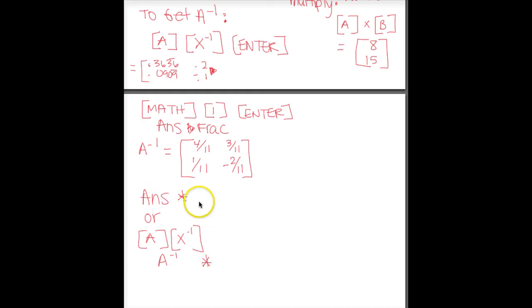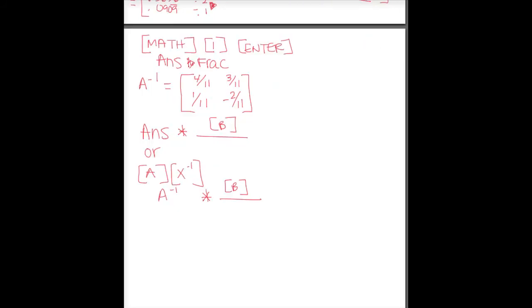But either way, whichever route you went, you now need to press times matrix B. So you have to select matrix B. We've already put it into our calculator in the first step. So second matrix, choose number 2, which is matrix B, and then press enter.